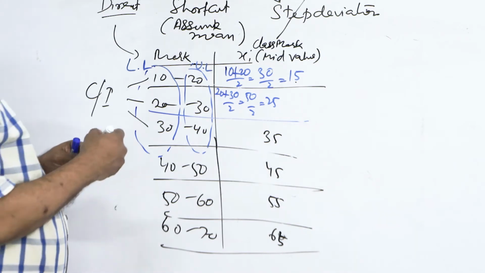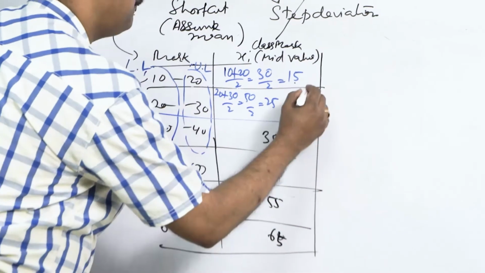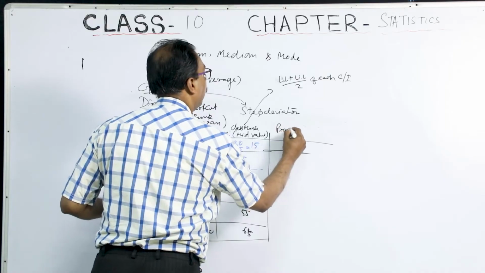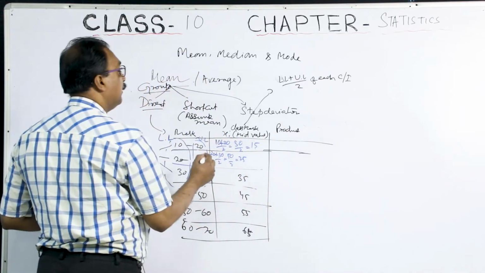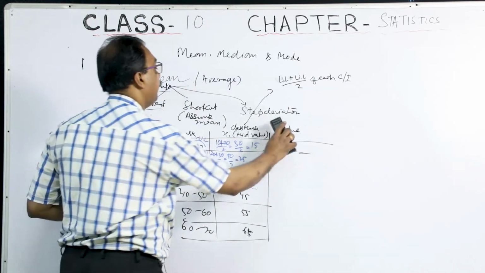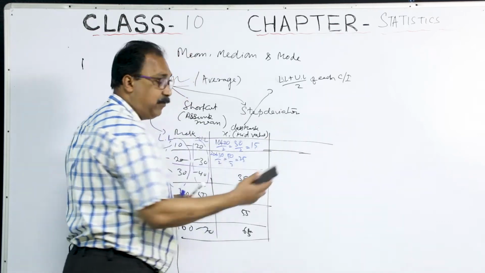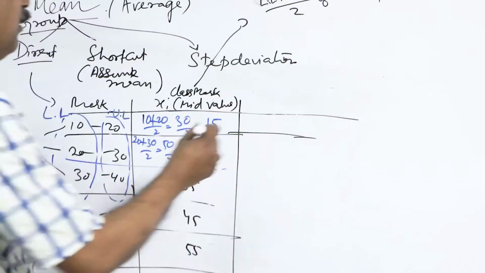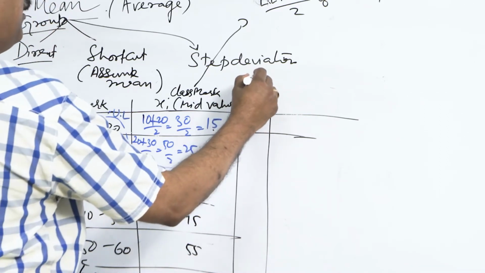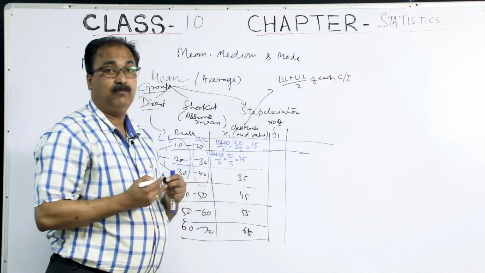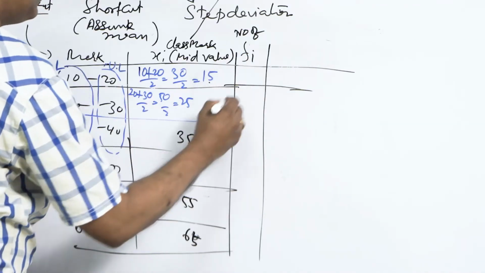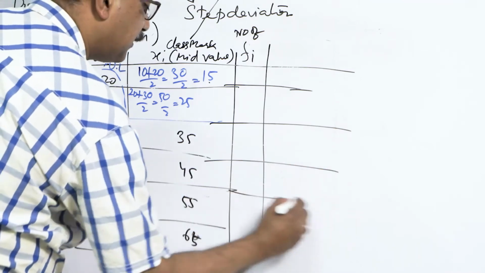After that, you have to make the product column. Product of which one? Before that, you have to find how much frequency you have. Frequency means number of students, number of employees, number of workers. This is frequency, fi. Suppose I am dealing with marks.